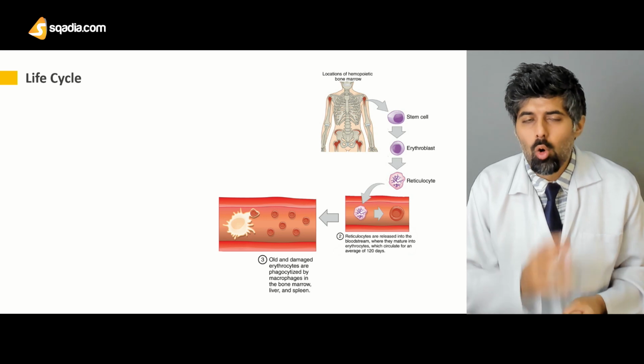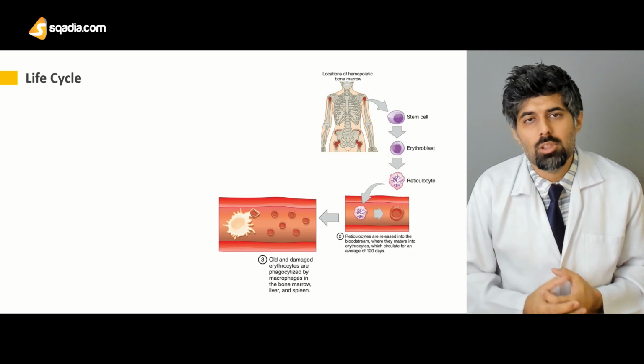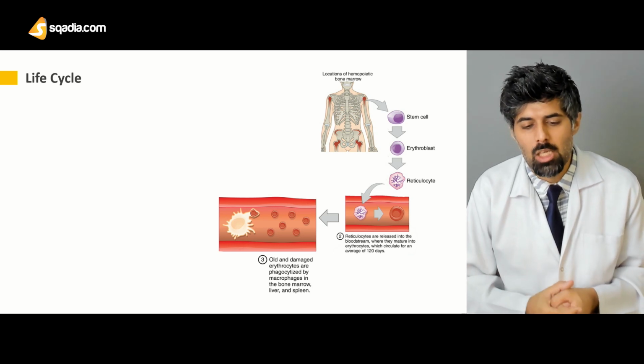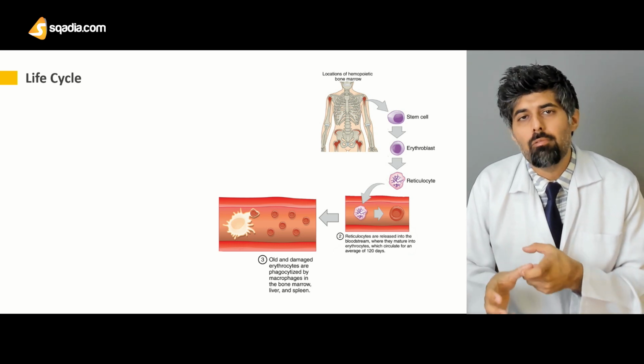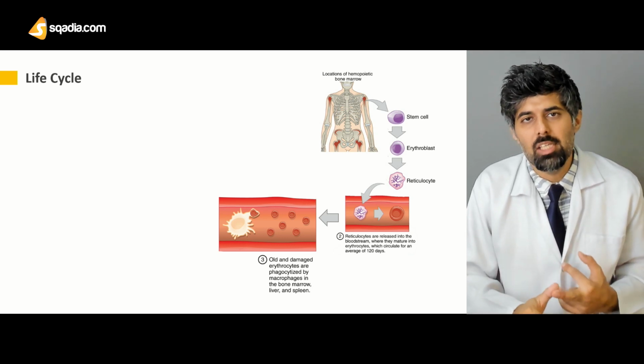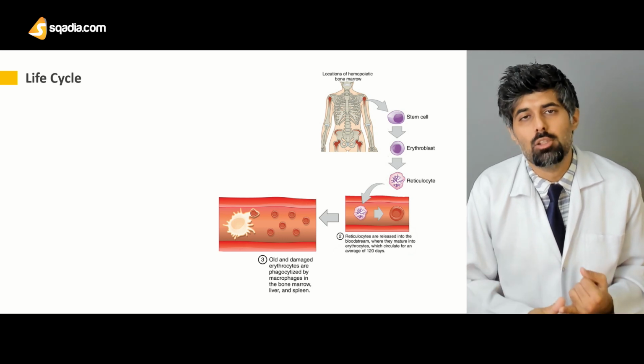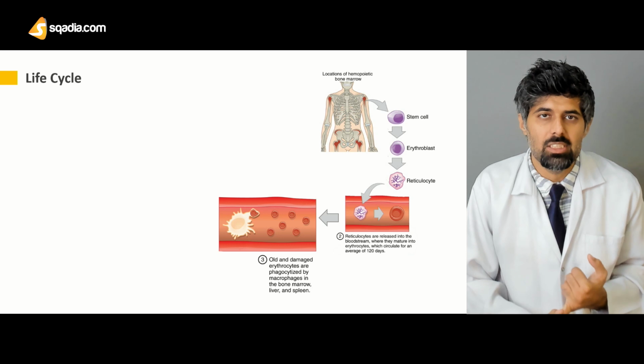At this point, all the old and damaged erythrocytes are phagocytized by the macrophages. Macrophages are found in the bone marrow, liver, and ultimately in the spleen. The spleen is the final destination of the destruction of all RBCs.